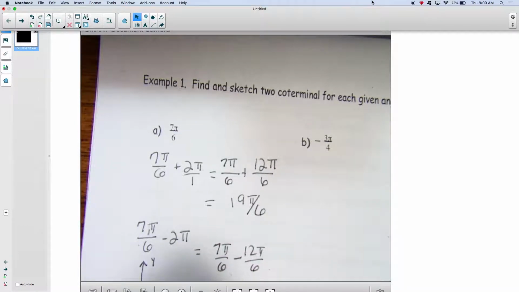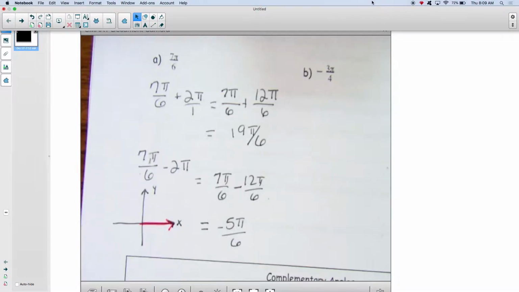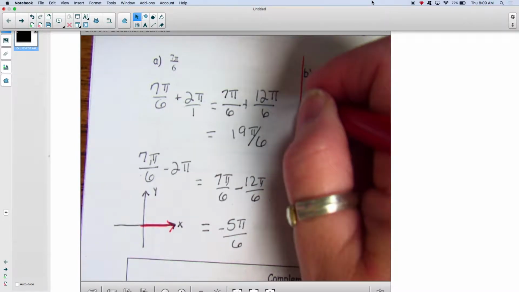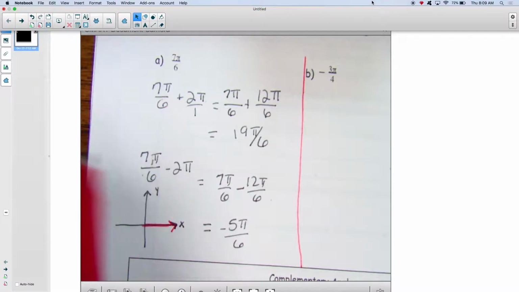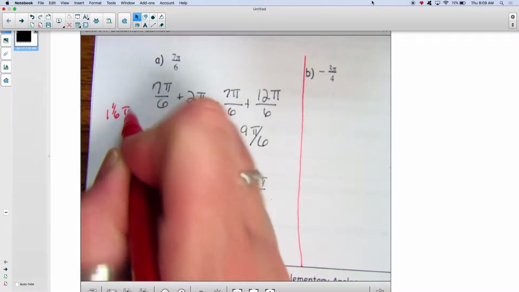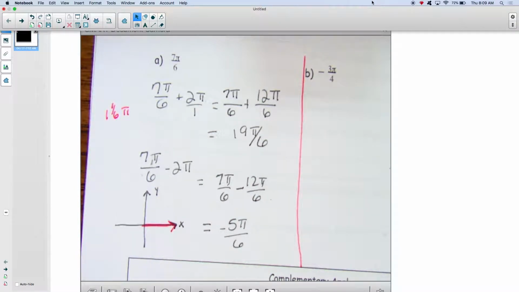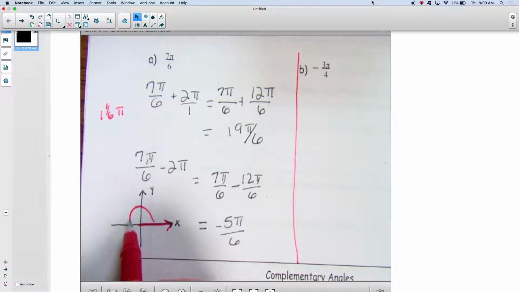Terminal side is right here. Where is 7 pi over 6 located? Well, that's 1 1/6 pi, right? So 1 pi is where? Right here.